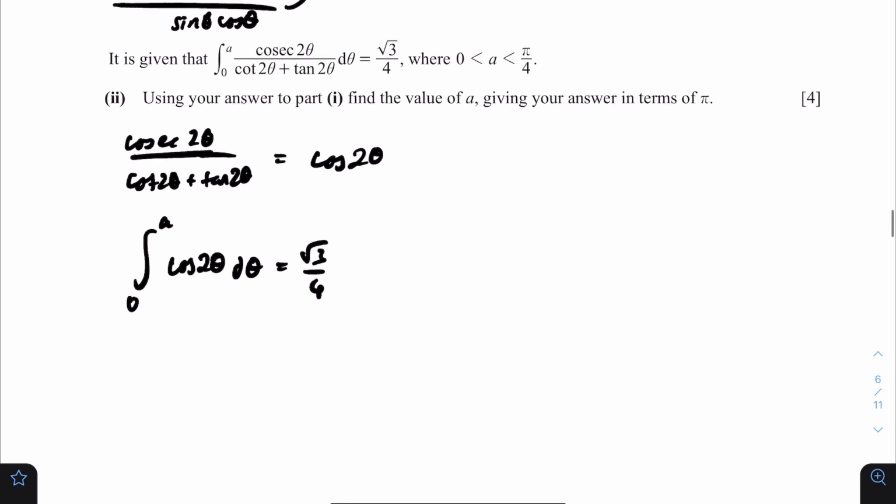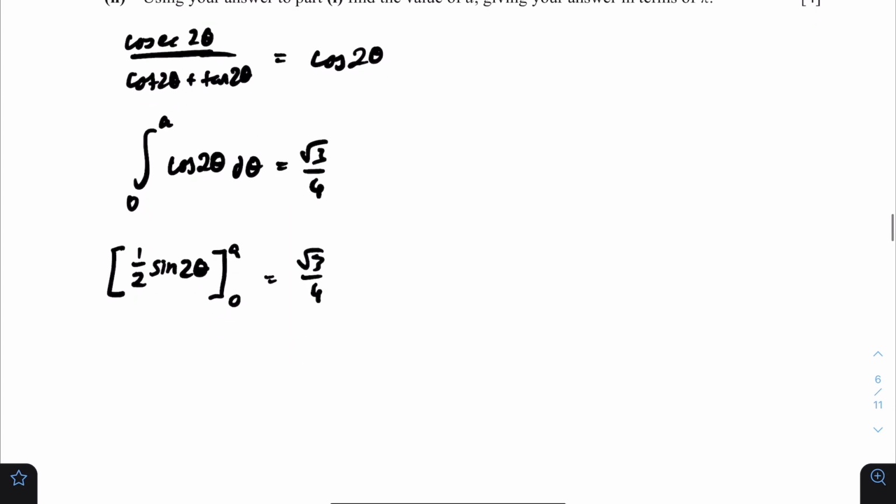So now if we actually just substitute a and 0 in the bounds, we have to first integrate. So integrating it, we get half sine 2 theta with the bounds not yet applied, a and 0, which is supposed to be equal to root 3 over 4. And now we can actually apply the bounds.